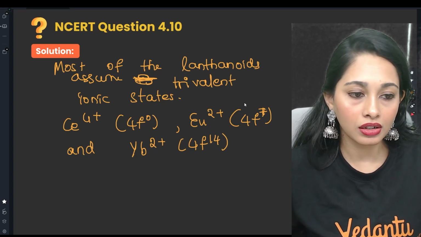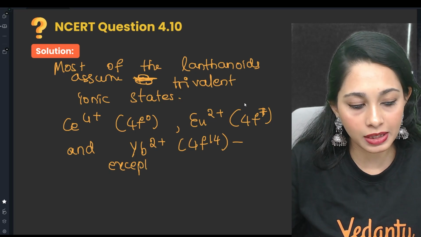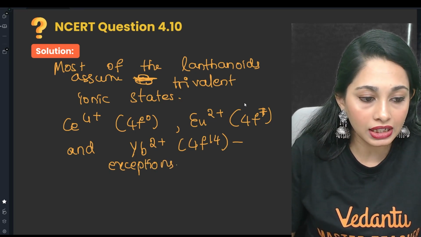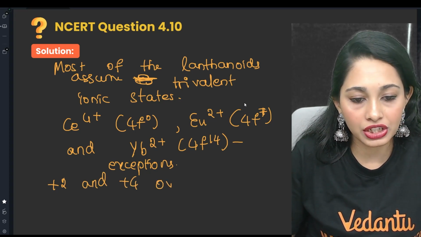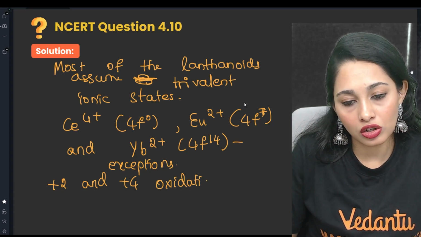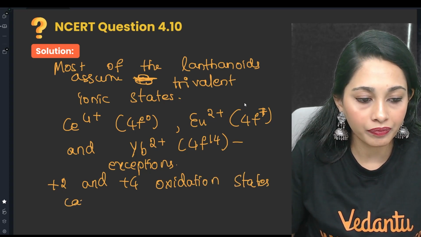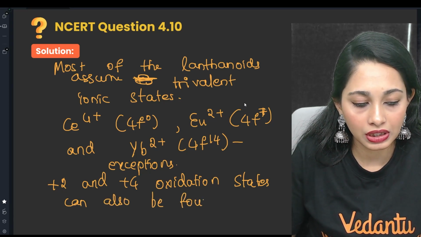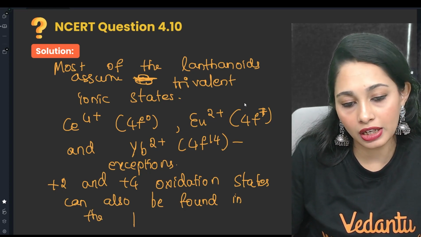So yes, these are exceptions. So what we can deduce is that +2 and +4 oxidation states can also be found in the lanthanoid elements.